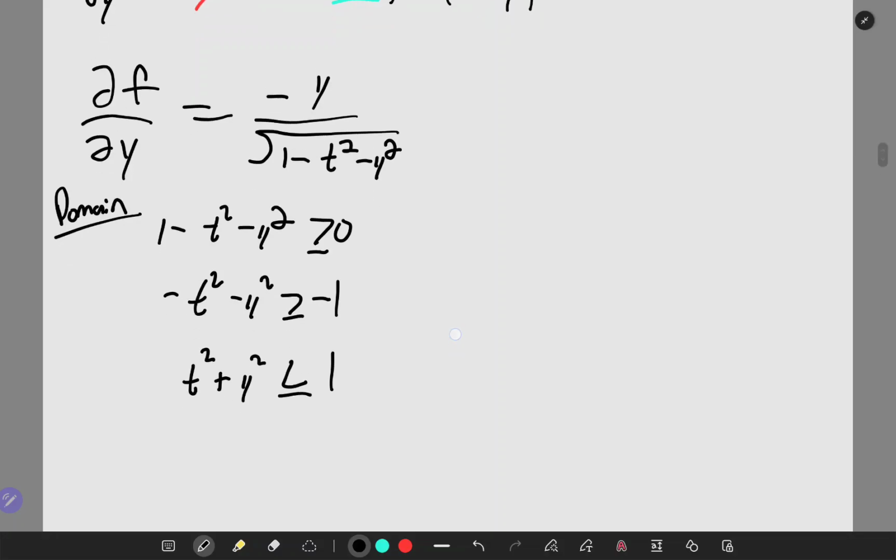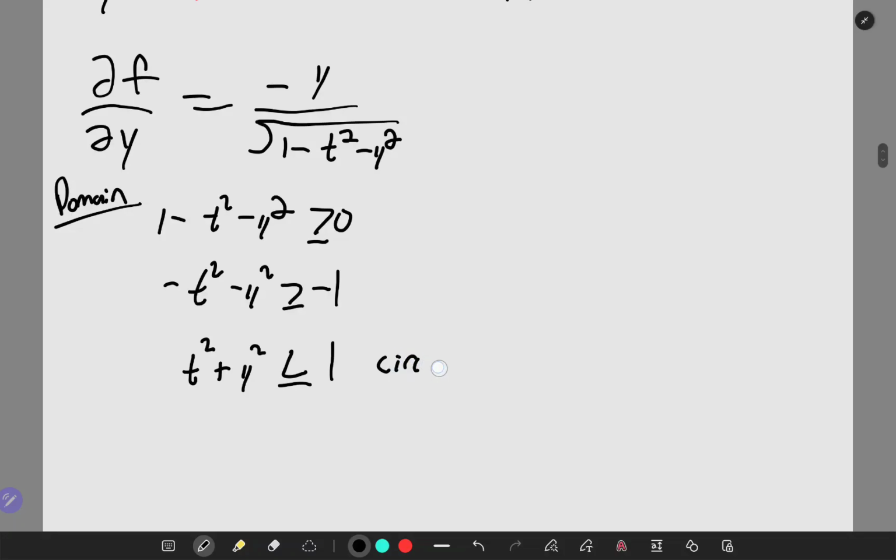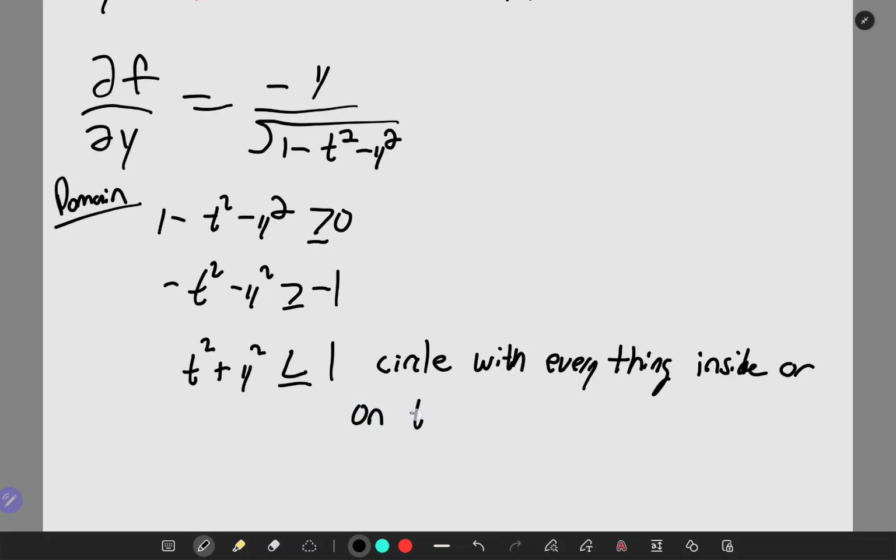So this describes a circle with everything inside or on the border, with radius 1.